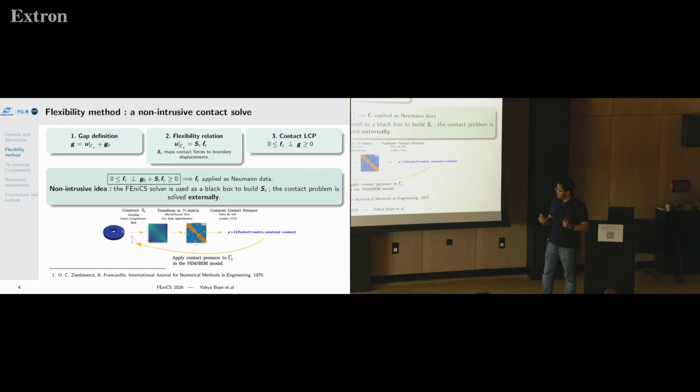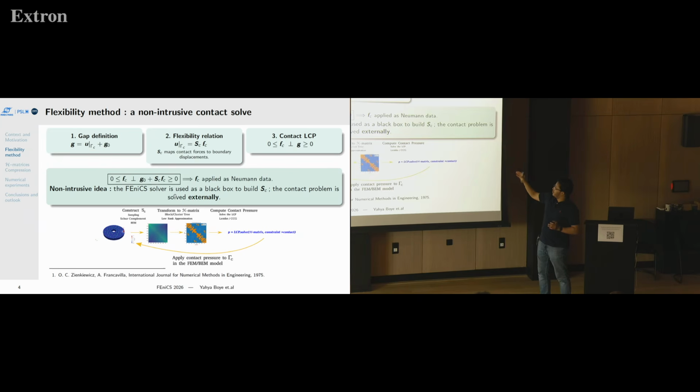And in the linear regime, in linear elasticity and infinitesimal strain, this boundary displacement is linearly dependent on the contact forces with an operator that we denoted here by SC, which is basically the Neumann-to-Dirichlet operator for initiated people.